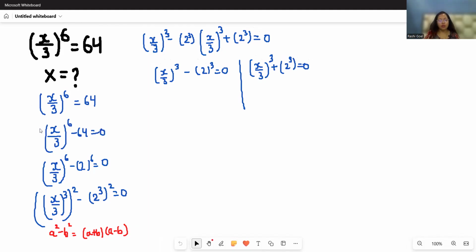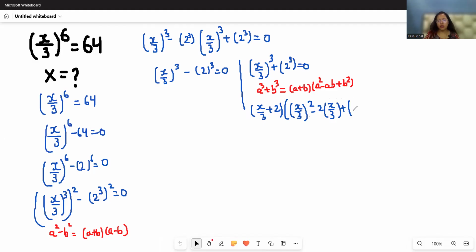So here again I am using the identity. First, a^3 + b^3 = (a + b)(a^2 - ab + b^2). So this gives (x/3 + 2) times ((x/3)^2 - 2 times x/3 + 2^2) equals 0.